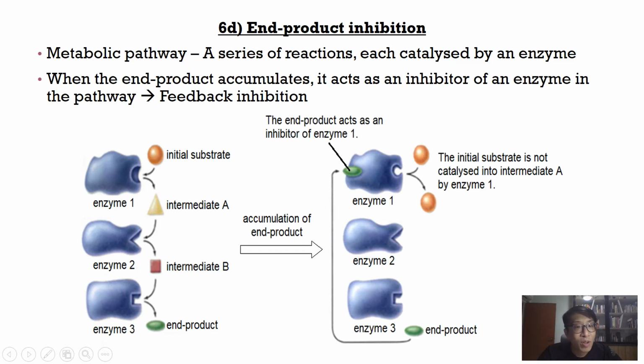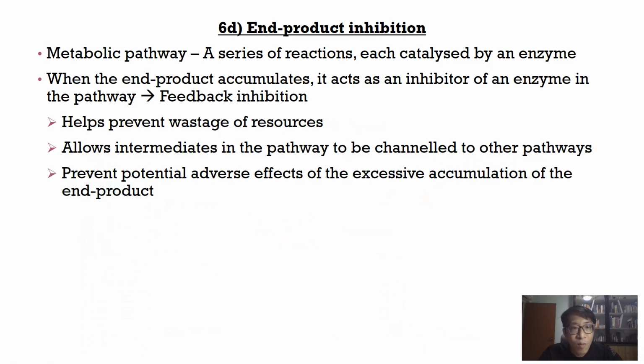Therefore the initial substrate is not converted to intermediate A, and the entire metabolic pathway stops its function. That would prevent further synthesis of end product when the end product is already of a high enough concentration. So this helps to prevent wastage of resources.